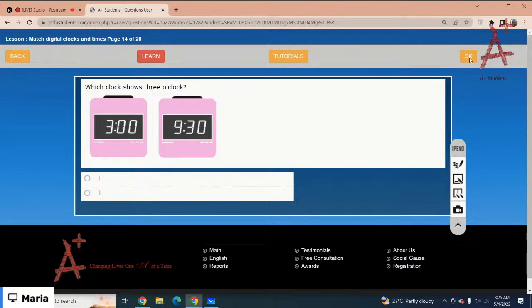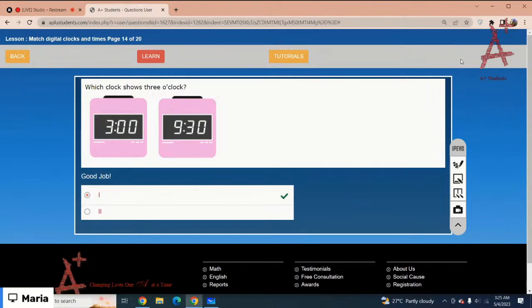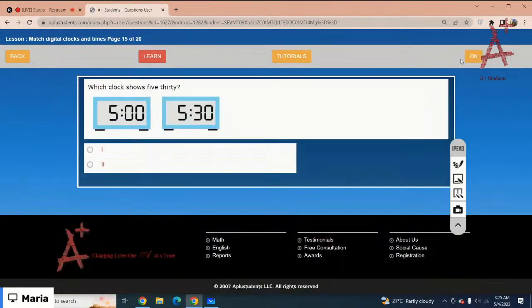Which clock shows 3 o'clock? Yes, that would be the first one. It shows 3 o'clock. Which clock shows 5:30?